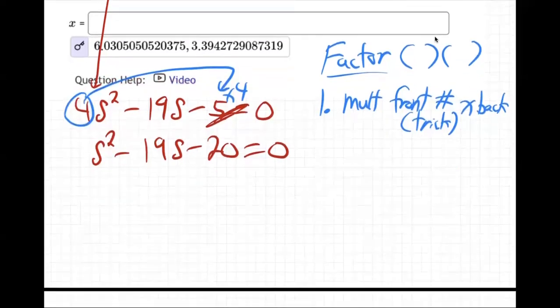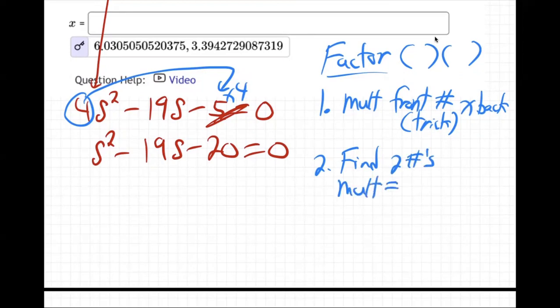Okay. So now we're going to factor this. Step 2: find two numbers that multiply to equal the back and add to equal the middle. Remember how it works? Multiply, add.